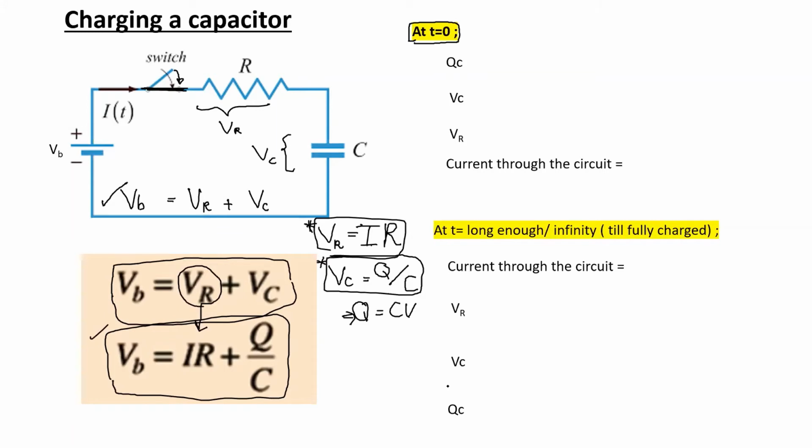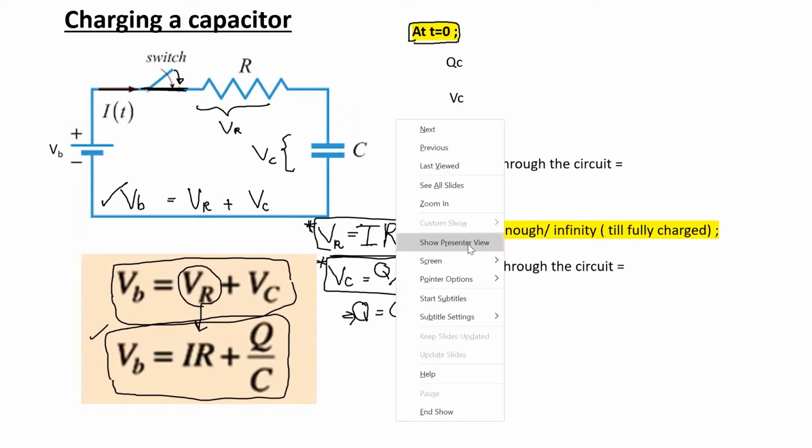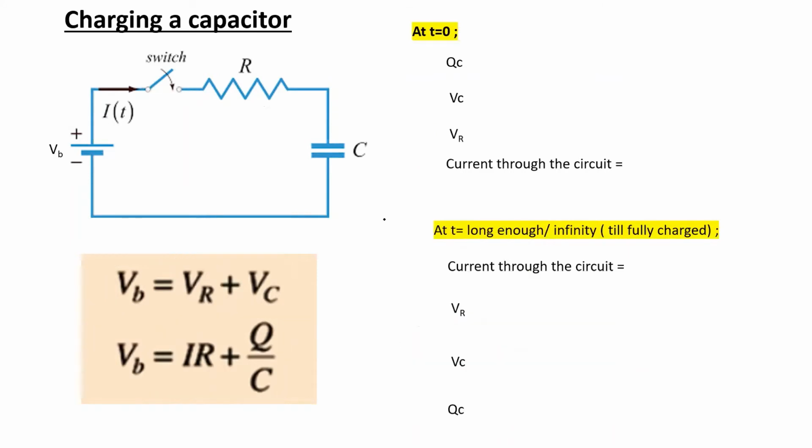Okay. So I'm going to erase all the ink in this slide. Okay. So with this, we will need these two when we are going to look at t equals 0 and this part. At t equals 0. T equals 0 means the moment I close the circuit, right?